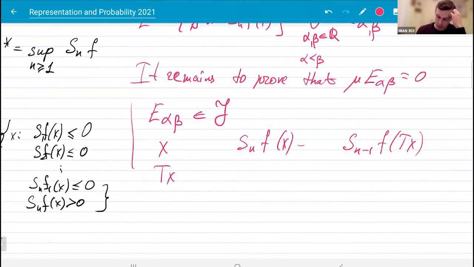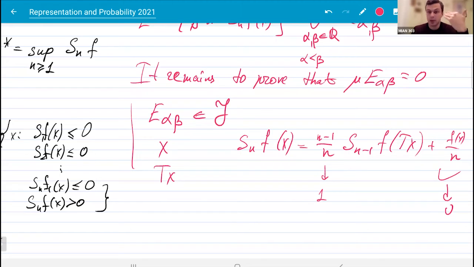So this is this plus f of x over n. And therefore we can see that this tends to 0 and this tends to 1.